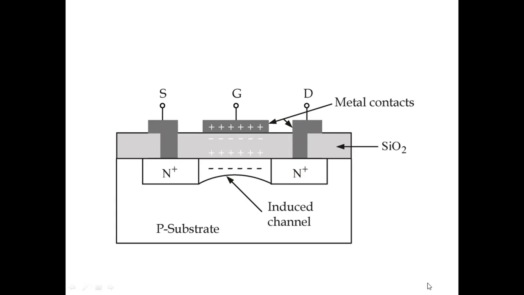And that's why this enhancement type MOSFET operates only in the enhancement mode and does not operate in depletion mode. Okay, so the working is similar to the depletion type MOSFET, but it is operated in enhancement mode.